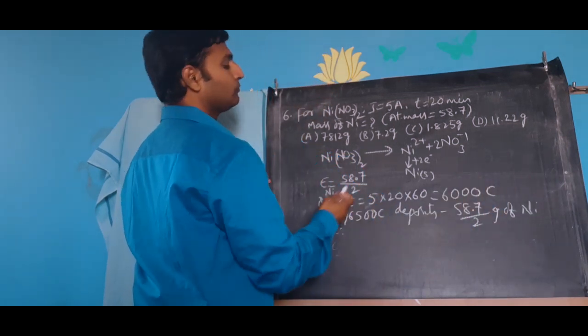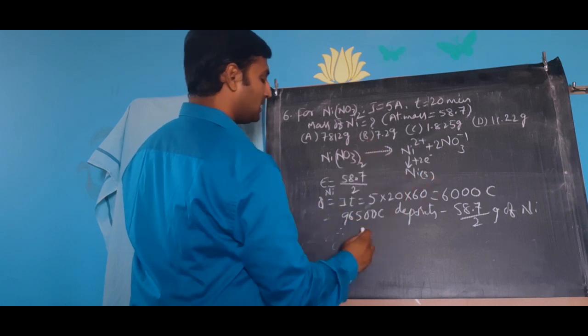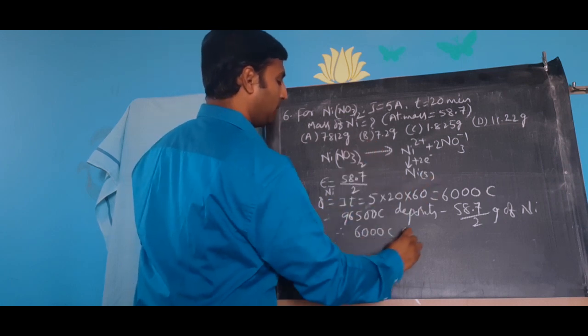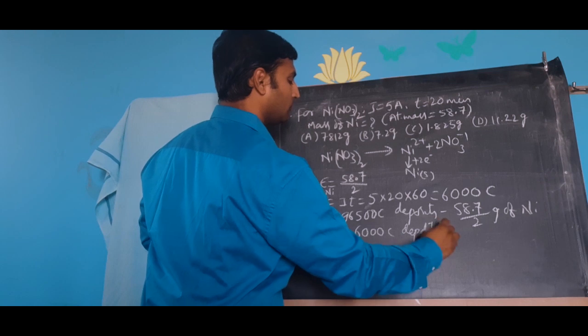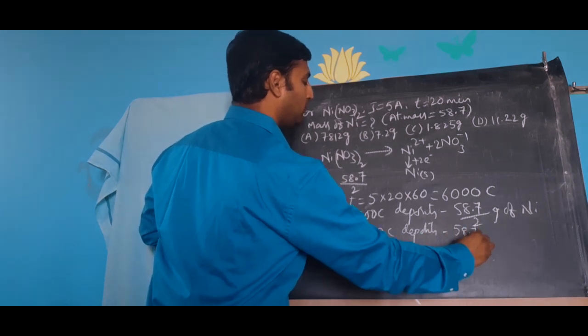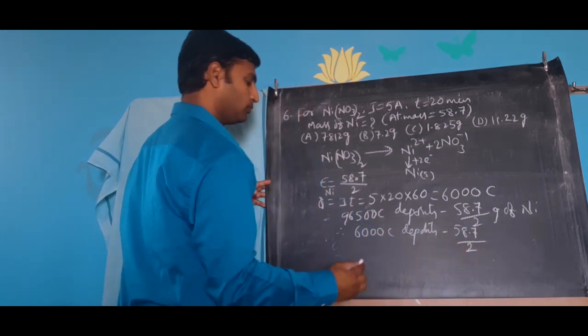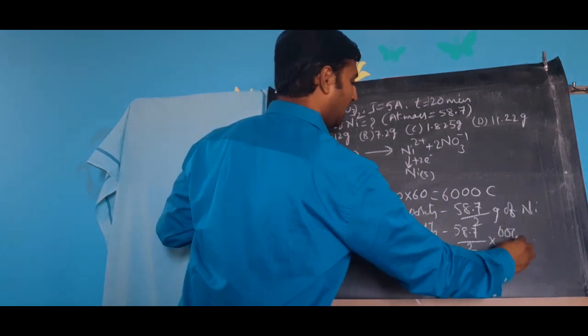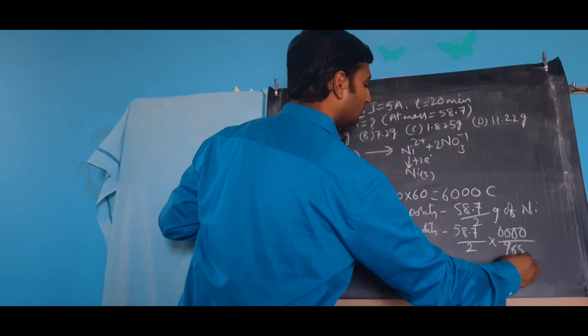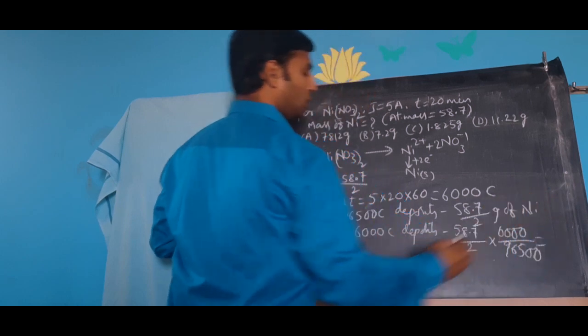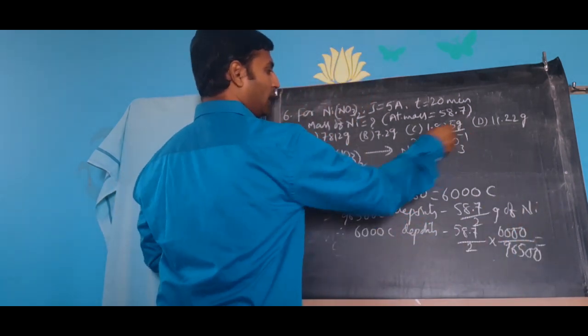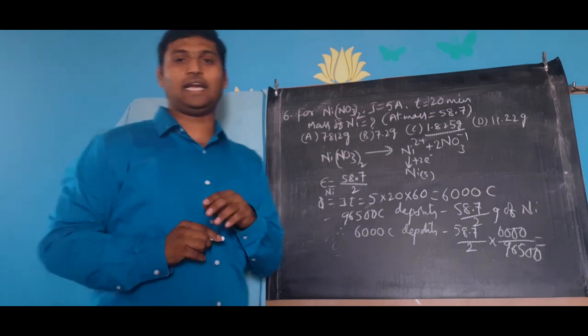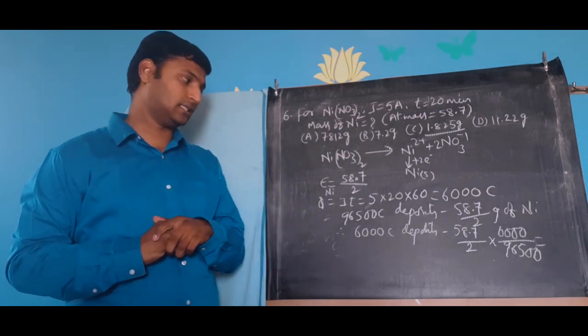Therefore, 6,000 coulombs deposits 58.7 by 2 divided by 96,500 into 6,000. Do the simplification, and you will end up getting 1.825 grams as the answer.